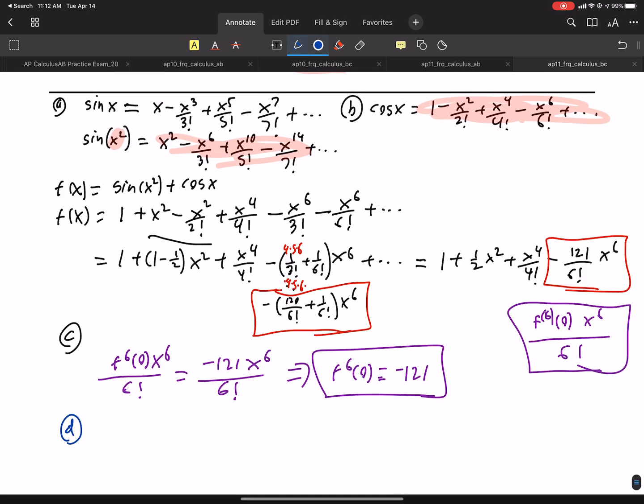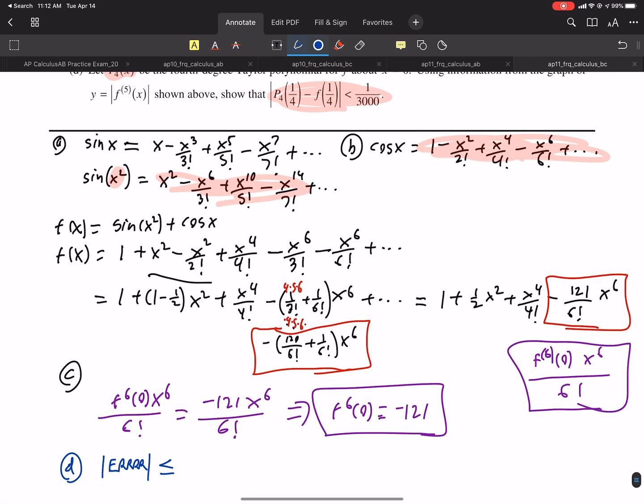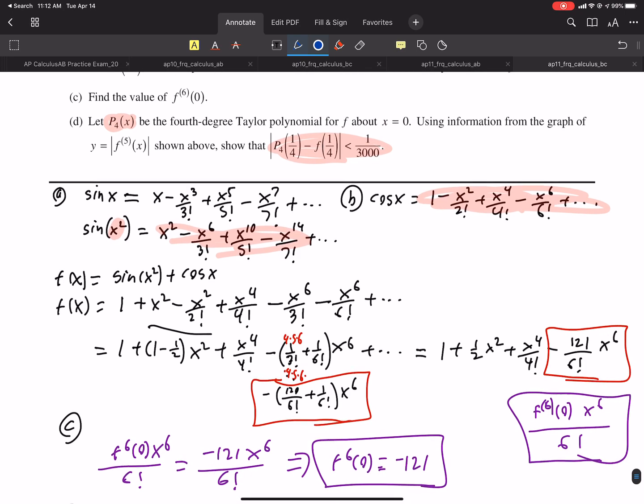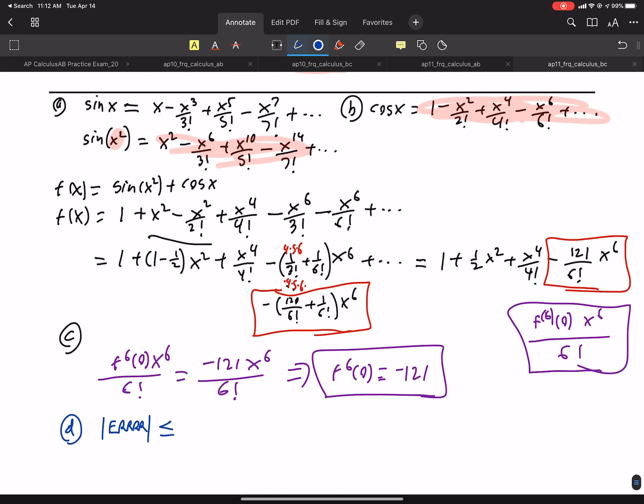The maximum error is the maximum of the next term. So this is a 4th degree, so it's going to be the 5th degree term, or the 5th derivative. That should have a parenthesis around it, or else it'd be a 6th power, not the 6th derivative. The 5th derivative.